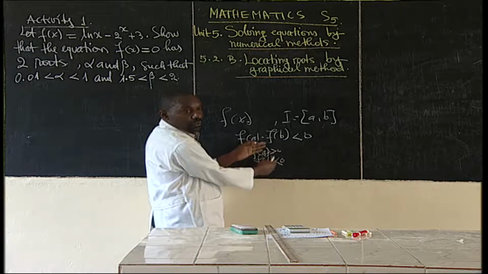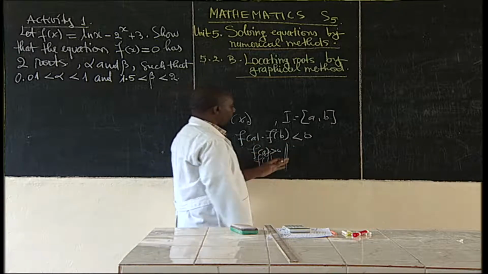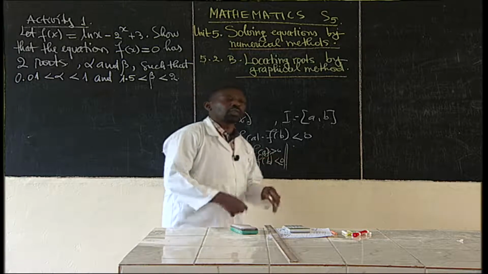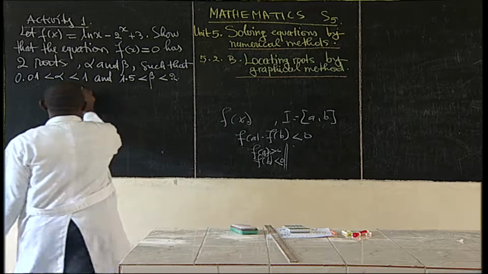If A is negative, then the product will be negative. Of course, you raise the change of sign between these two values, then you conclude that there is a root, isn't it?